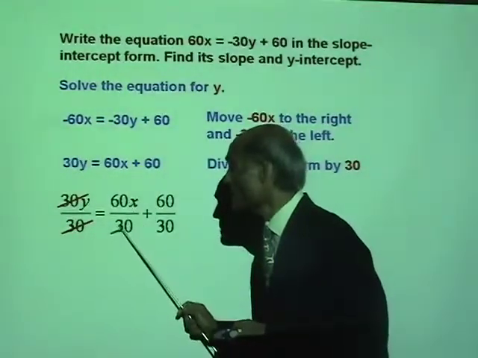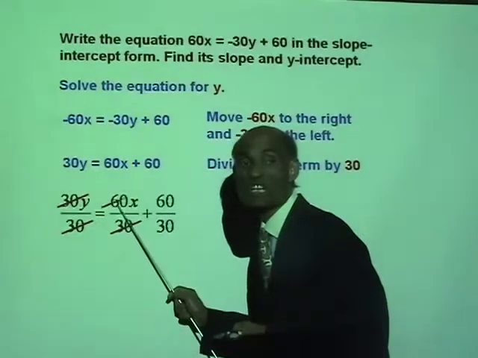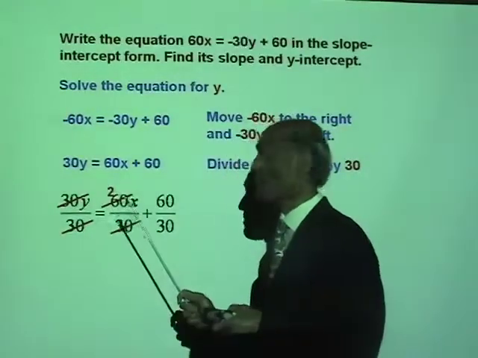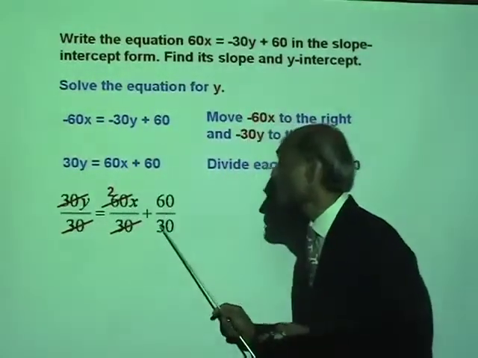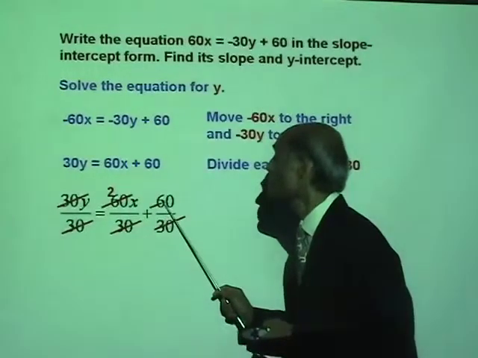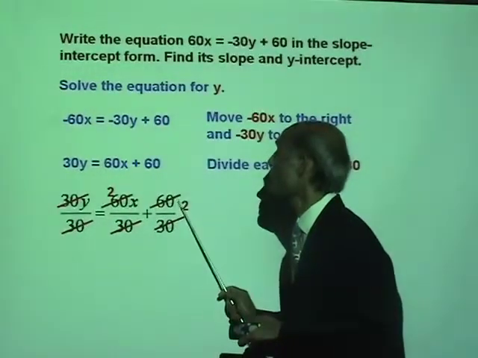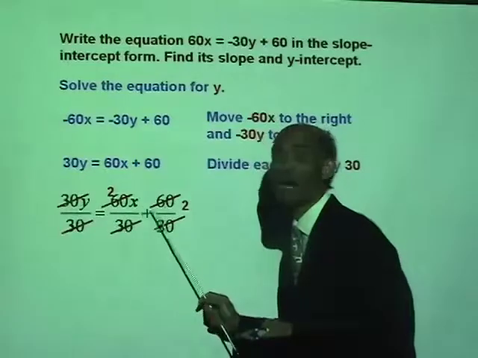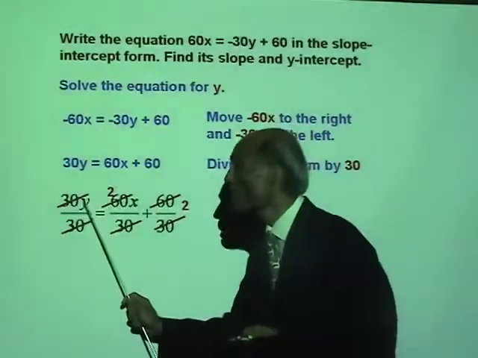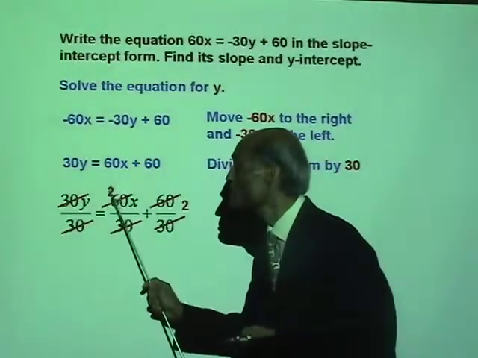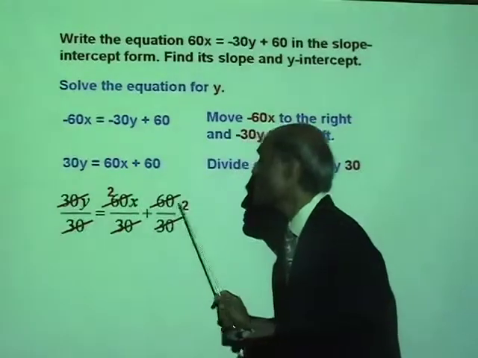Over here, 30 goes in 60 2 times. There you are. And similarly, 30 goes in 60 2 times. So what is the equation now? The equation now becomes y equal to 2x plus 2.